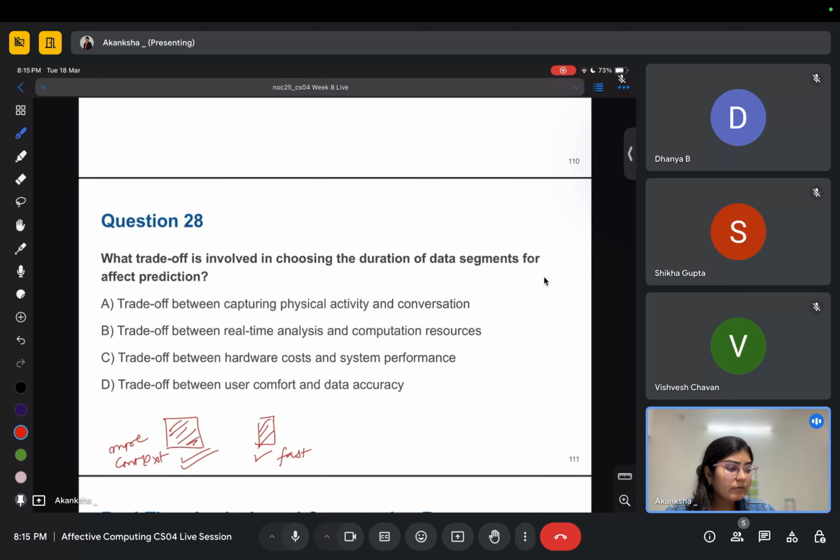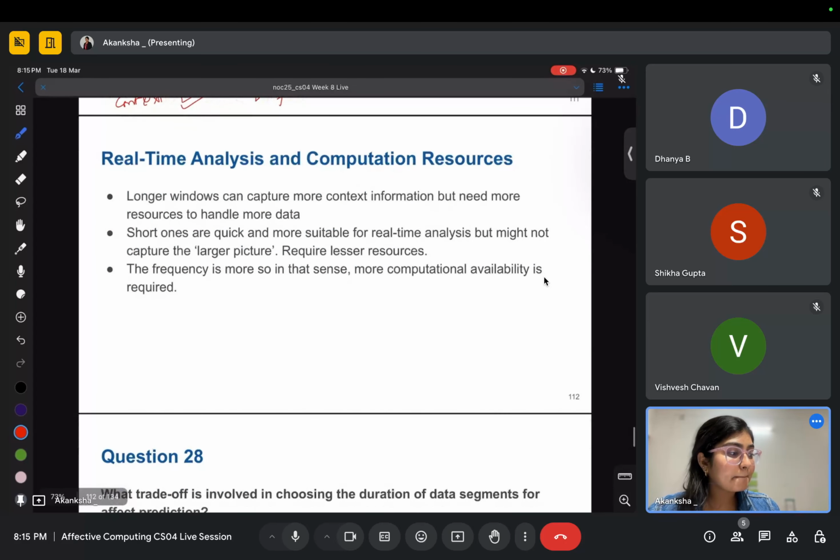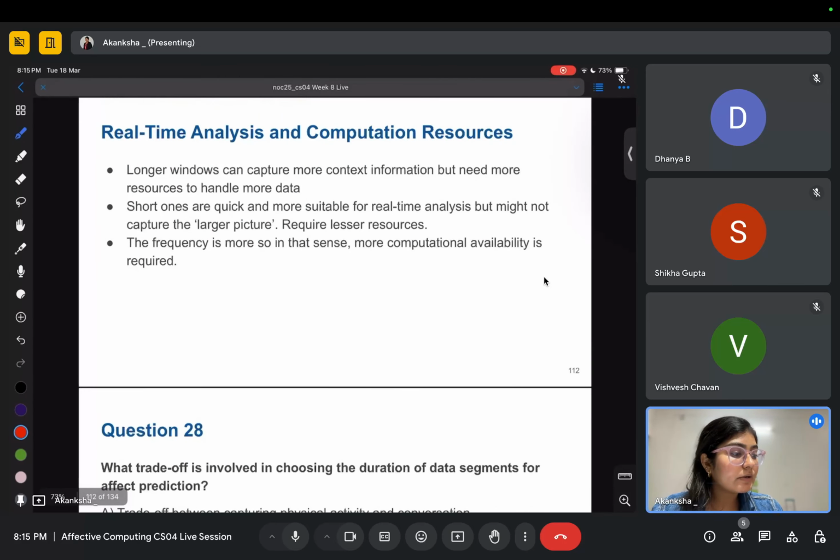No. The trade-off between real-time analysis and computational resources, hardware costs and system performance, or user comfort and data accuracy. If in real time we have more computational resources, we can use larger windows, right? So this is a trade-off. So option B is correct. Longer windows can capture more context but need more resources. Short ones are quick and more suitable for real time.